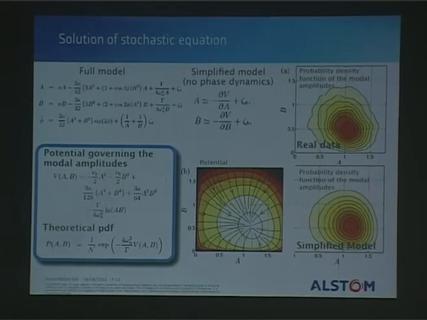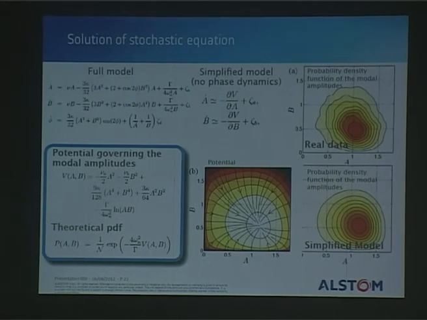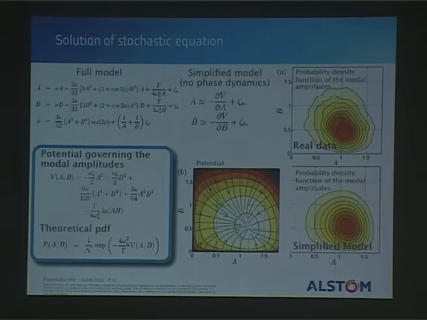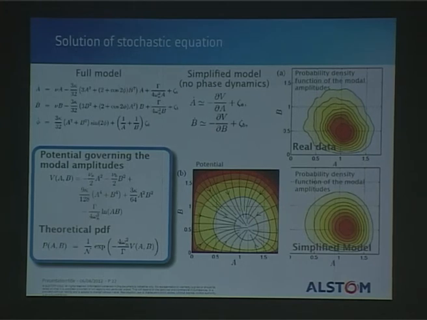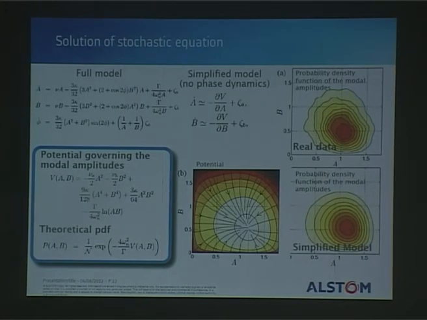This is what's measured, and this is what the analytical solution would be with the simplified model. And with that, I think we have cracked the nut of this rotating versus standing mode dilemma. We understand the stochastic physics behind it. It's all randomness, but we understand the randomness. We understand how it interacts.